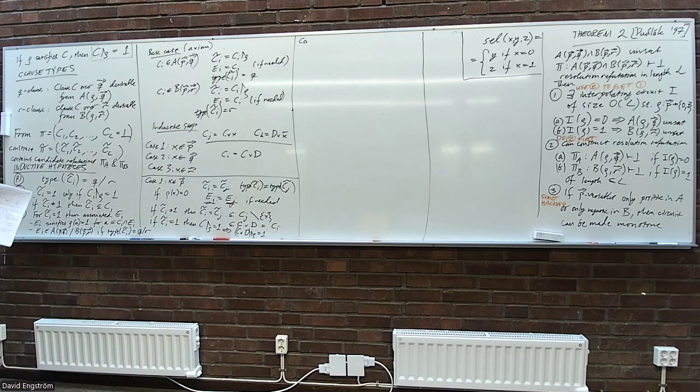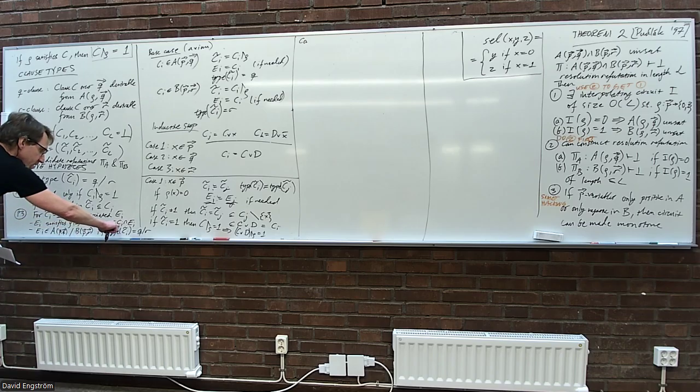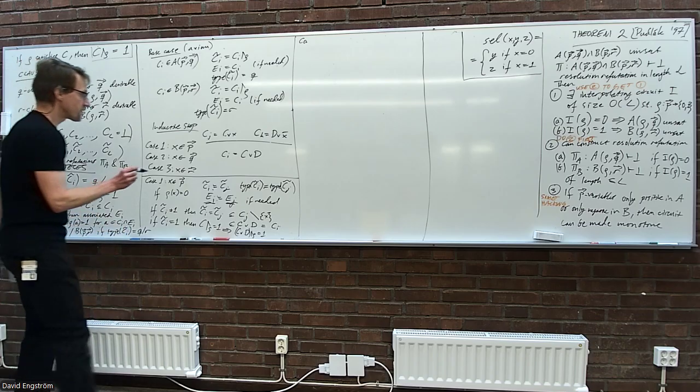Are we buying this? Should I say this again? Okay, let's see if I can say it again. So again, I know that P3 holds for CJ. And since CJ tilde is 1, I know that EJ is satisfied by some literal that is in both CJ and EJ. Okay?